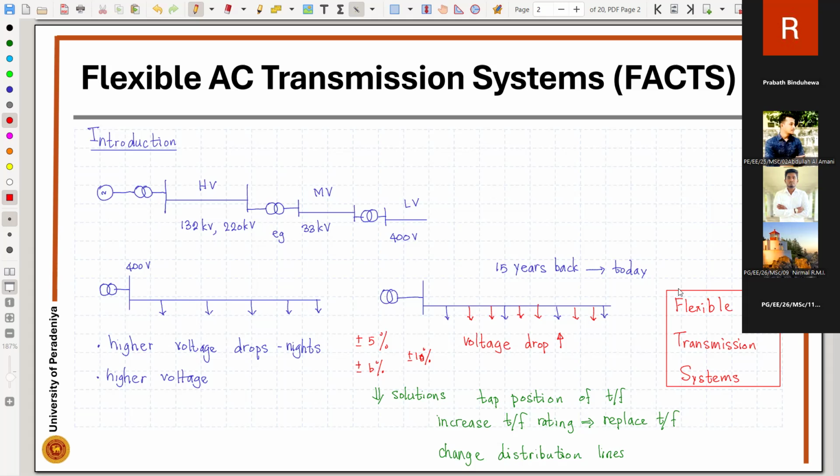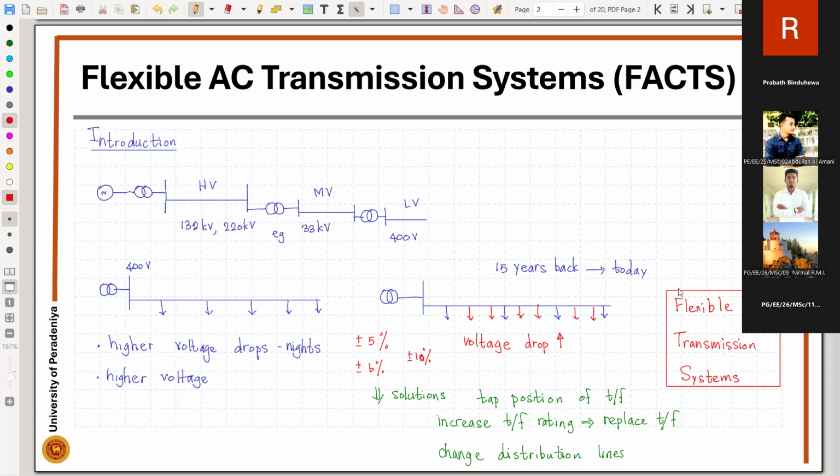So first we will look at some basics related to power transfer capability, and then we will see what are the options that we have, and through those options how we can increase the power transfer capability in a transmission or distribution line.